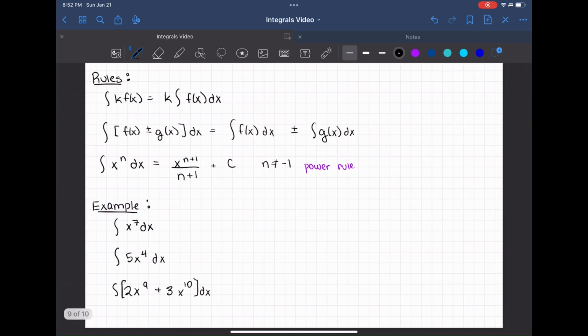So let's go through some examples, right? Here are all our rules combined. Let's take x to the 7. Already what I'm seeing is that this is x to the power of something, so I immediately think power rule.